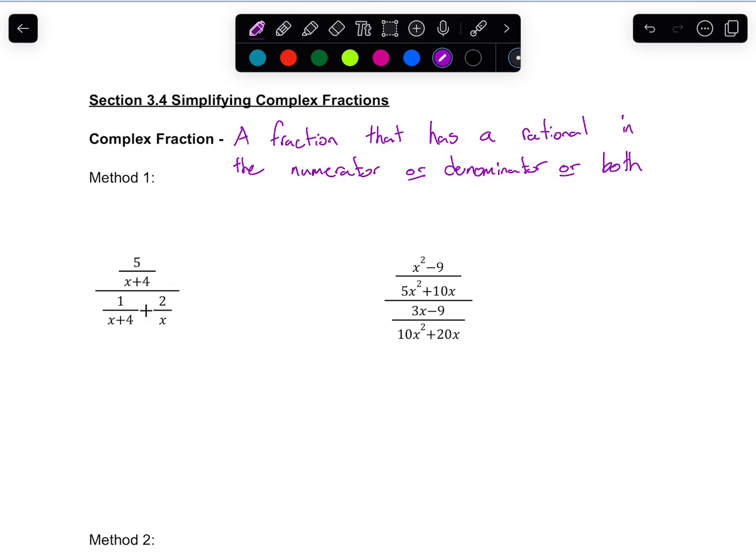So a lot of times you'll see rationals in both the numerator and denominator. It essentially just looks like a fraction inside of a fraction, okay?